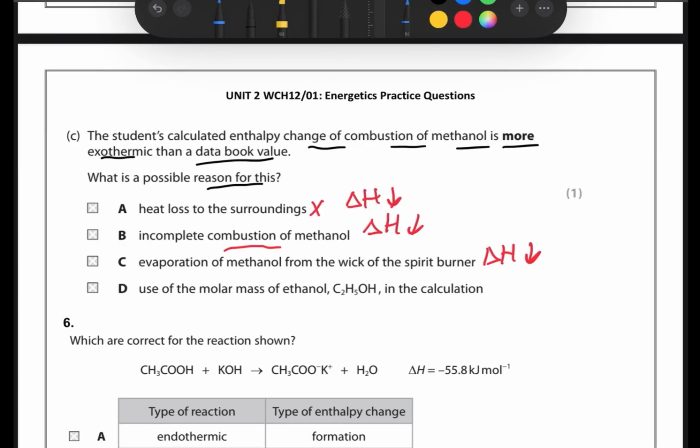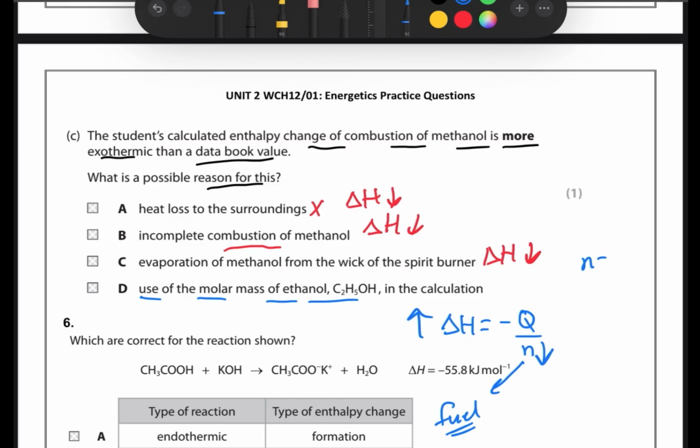The last one says, use the molar mass of ethanol. Just keep in mind that delta H is equal to negative Q over n. And n here represents the moles of the fuel. If the moles of the fuel increase, the delta H will decrease, and vice versa. If the moles decrease, the delta H will increase.